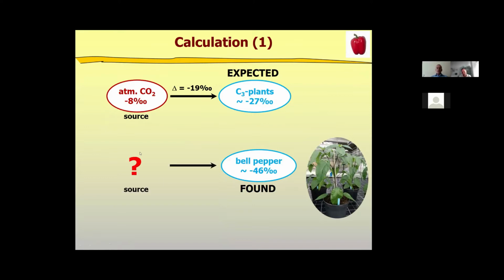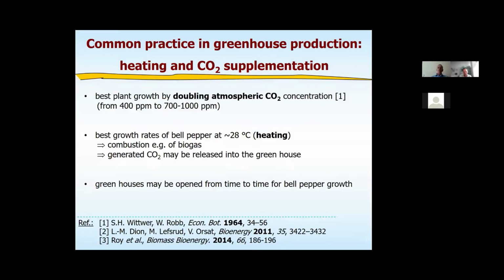If you continue like that, what is the source? We expect that the difference will be the same. So the source should be minus 29 per mil to generate the value we measured in the bell pepper. And so the shift in the source causes the shift in the plant.